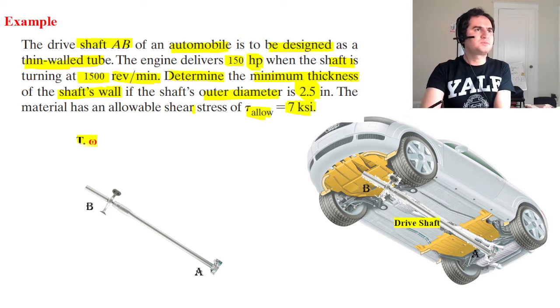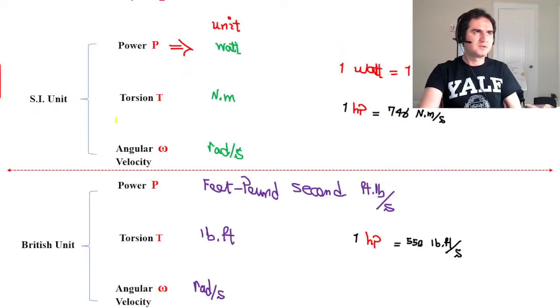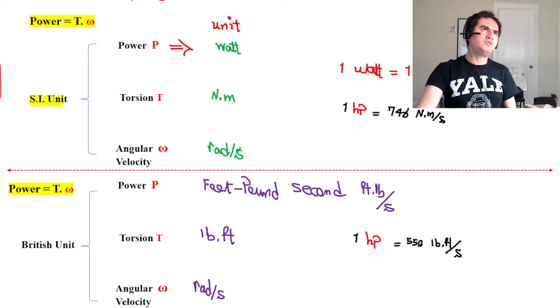To approach the problem, first of all, power is torsional torque times the angular velocity. Let's have a brief review of both SI and British units. Again, power is torsional torque times angular velocity.